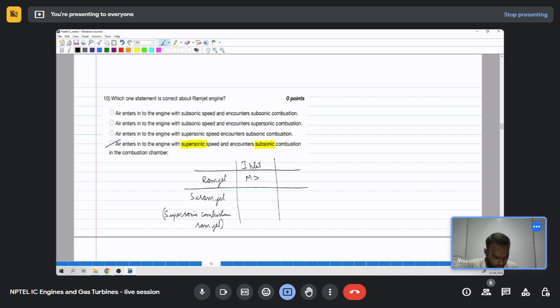Mach number greater than 1 at intake, and for scramjet also it is Mach number greater than 1, and for combustion Mach number is less than 1 in a ramjet, and here Mach number is greater than 1. Exhaust is always Mach number greater than 1.